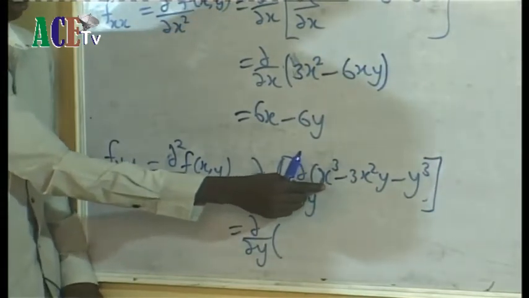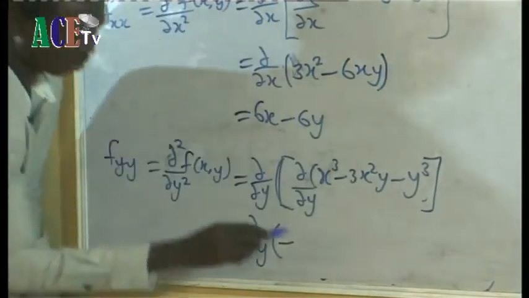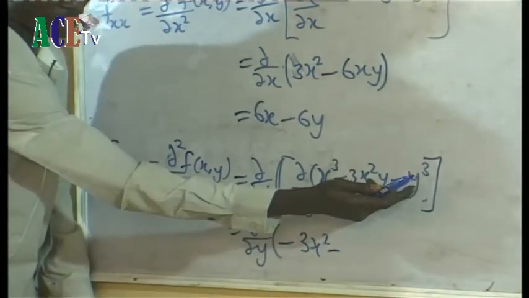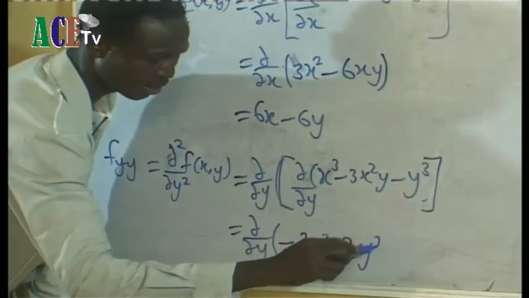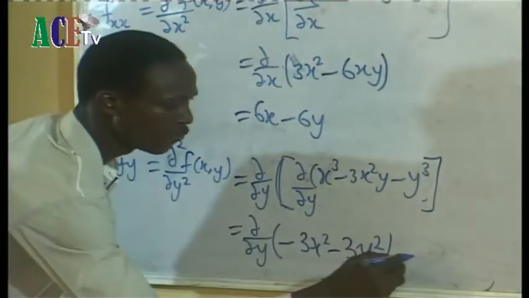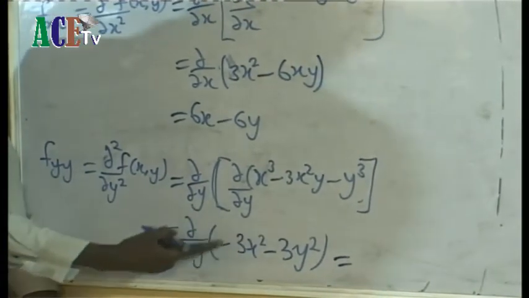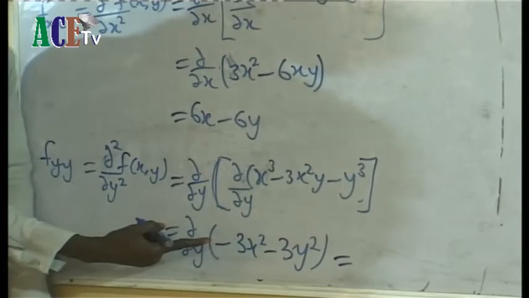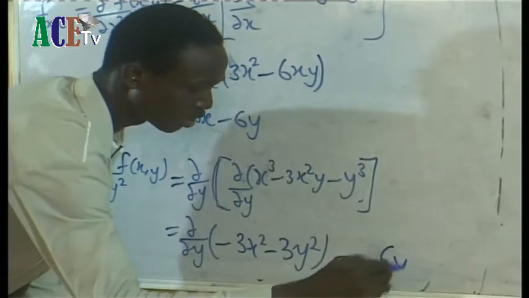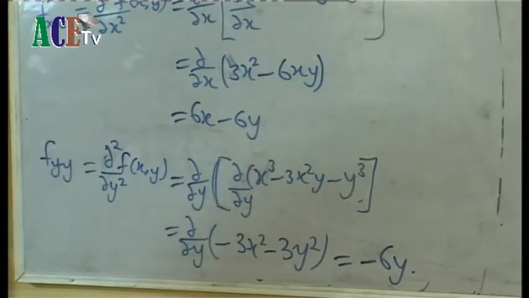Here it will give me minus, don't forget y will be 1, 3x squared plus, differentiating this one with respect to y will give me 3y squared. Now differentiate this one again, this one will be 0 because there is no y there again. Then I will go to this term. This term now will give me 6y.